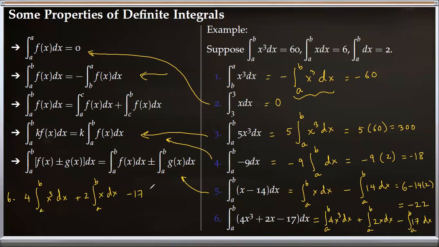Third one would be minus 17 dx a to b. Now I can put the values we know. So integral of x cubed is 60, we have 4 times 60, plus 2 times integral of x, which is 6, minus 17 times 2. So this comes out to be 218. So this is the value of the sixth integral here.